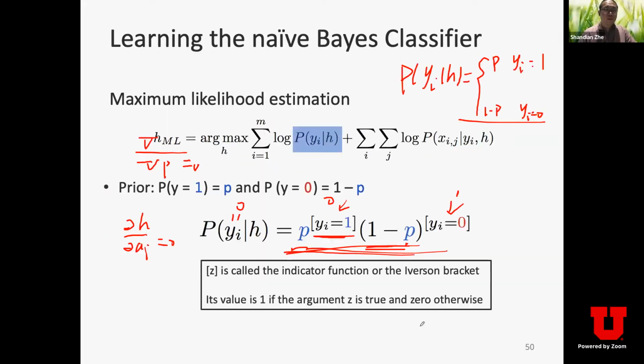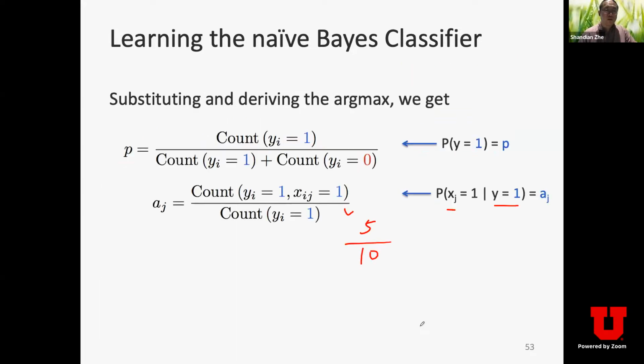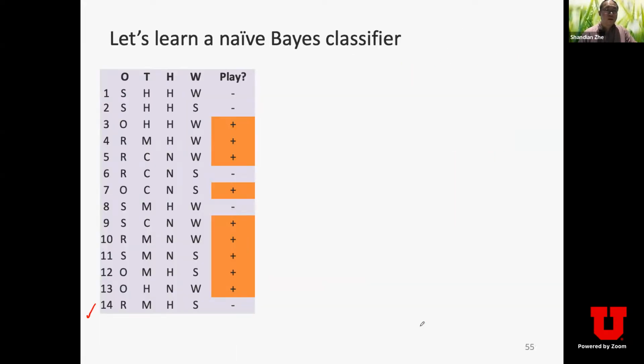So the prediction is like this, right? Suppose you get one particular input vector, so you got 4 values of the feature. You need to look at the label, play, and multiply the features, like say O, T, H, W, give me a label.